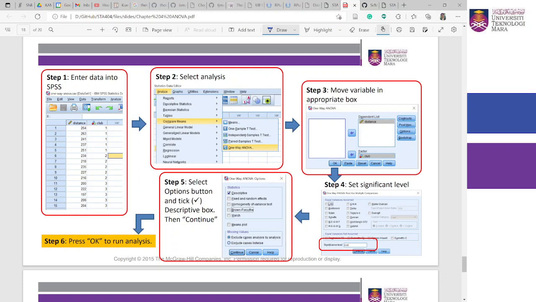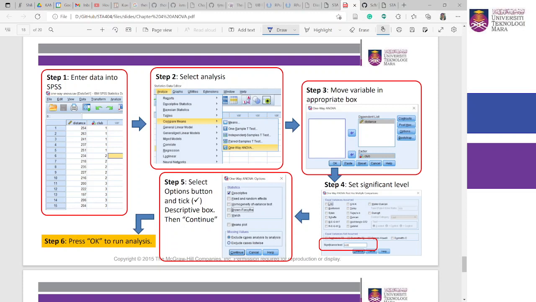And then you go for analyze, choose compare means, and then take one way ANOVA. Okay, so the step 4, once you dah masukkan dah dapat dia punya dialog box, so you transfer the values into the dependent list and then you punya grouping tadi dalam factors, and then click the significant level.